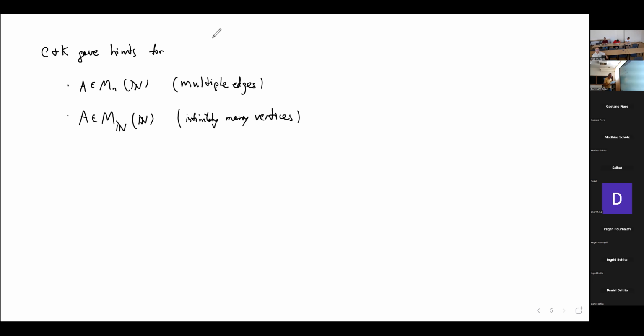Well, I guess, sorry, that's the wrong way to put it. Really infinite matrices, which is the same thing.